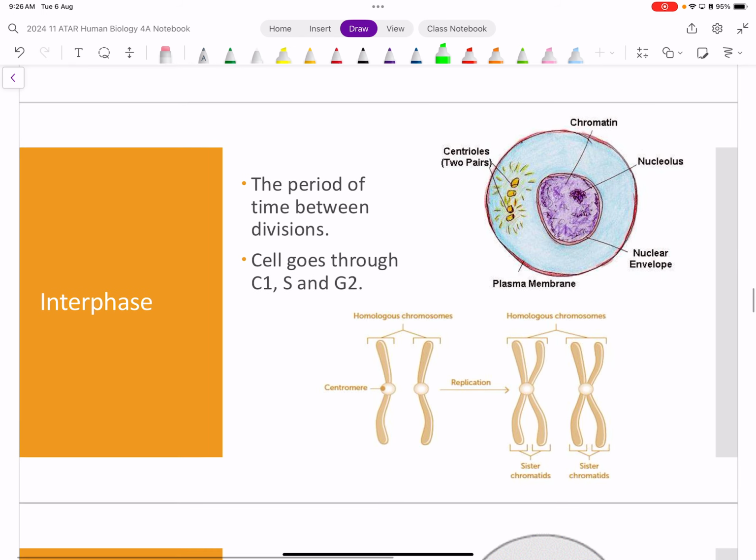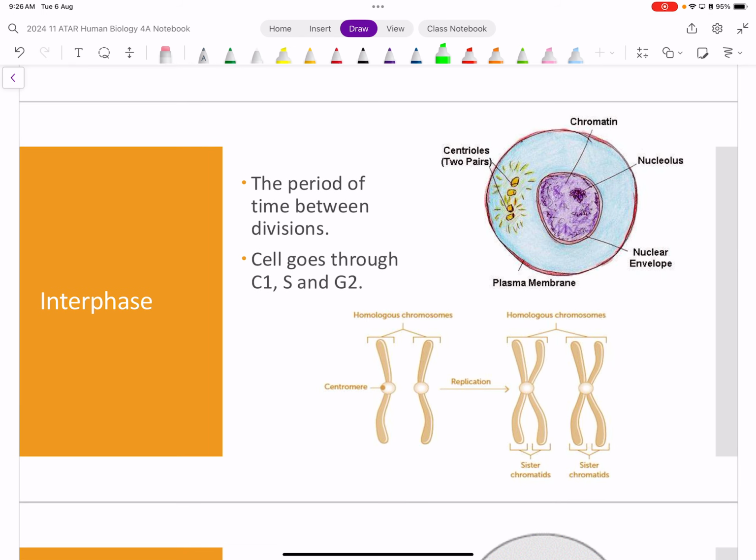So, continuing on with our discussion of the cell cycle, we're going to start with interphase. I'm going to make it clear up the top here that interphase is not a stage of mitosis.